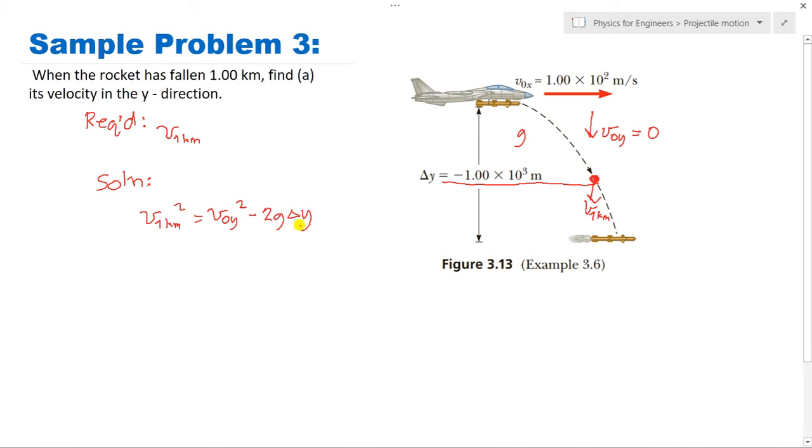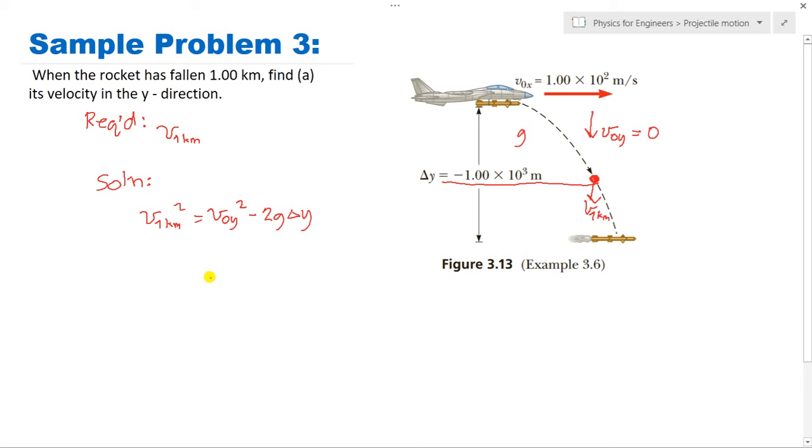And since we are only looking at the position 1 km below the initial position, therefore this is negative 1,000 meters.